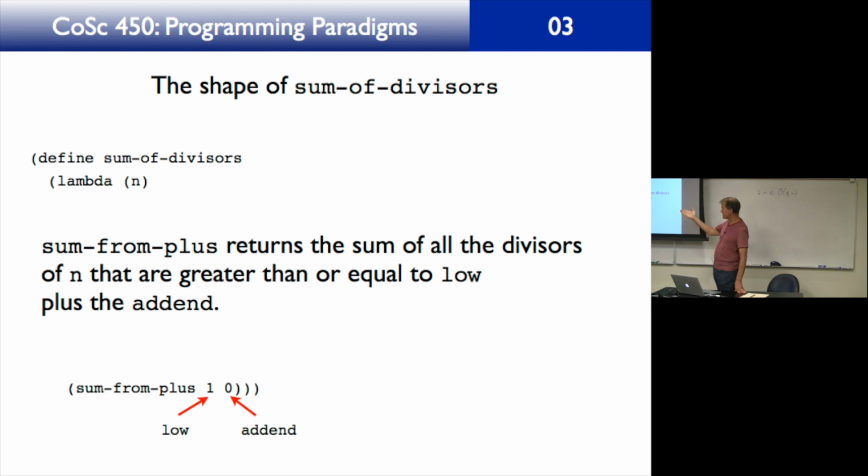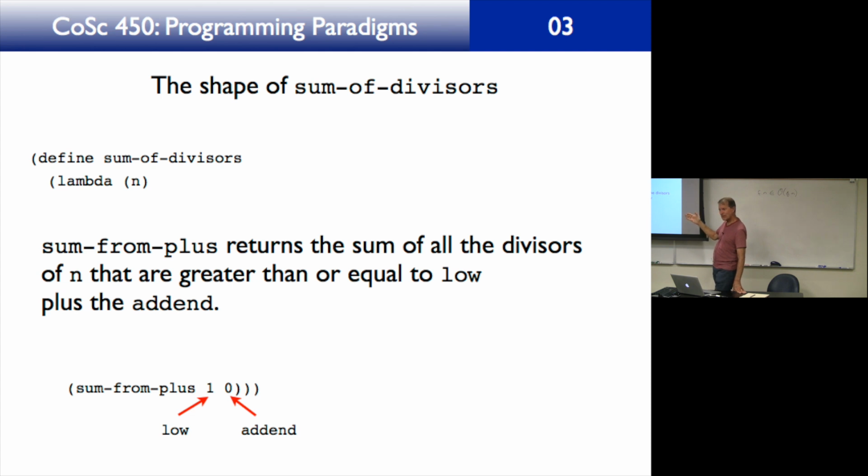With low of 1 and add-end of 0, sum from plus returns the sum of all the divisors of n that are greater than or equal to 1, plus 0.